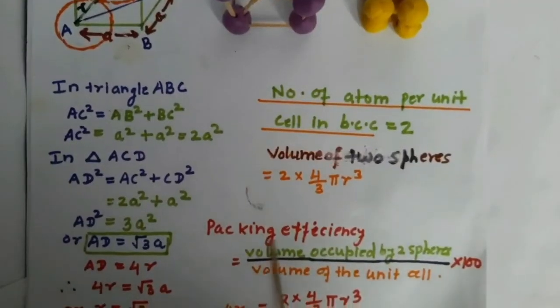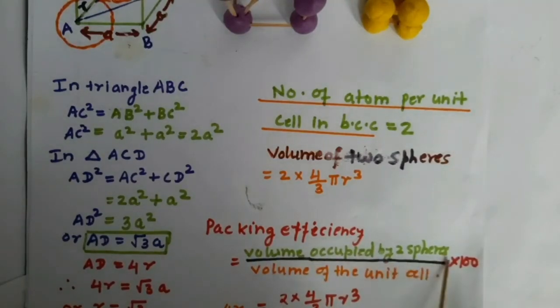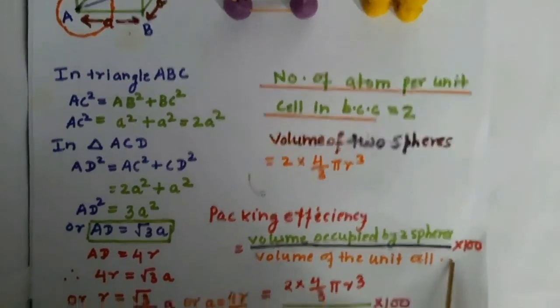Now let us calculate the packing efficiency. Packing efficiency is calculated as the volume occupied by the 2 spheres present in this unit cell divided by the volume of the unit cell multiplied by 100.